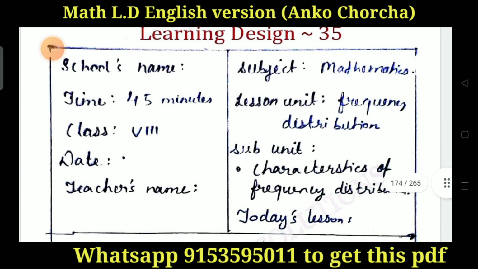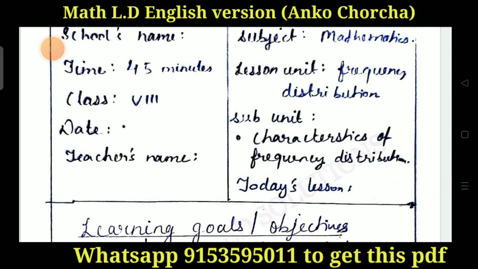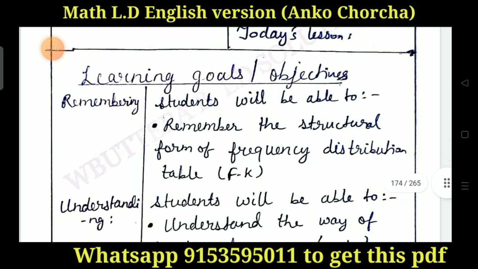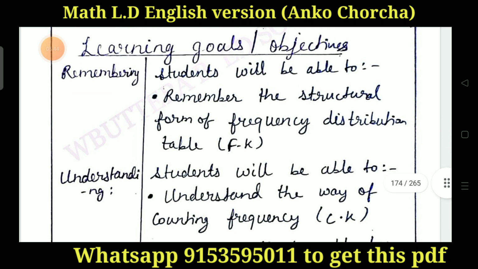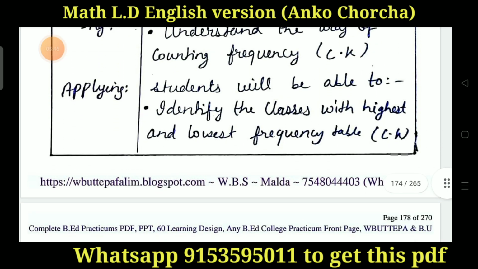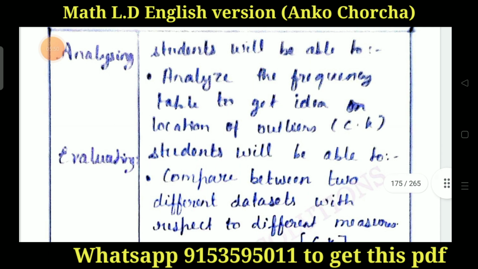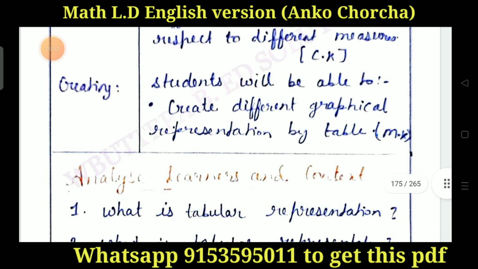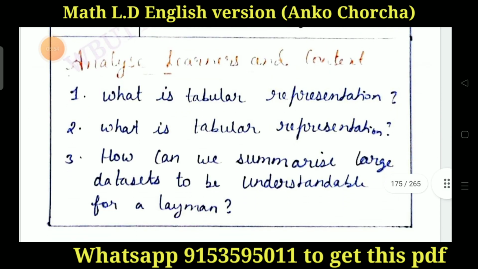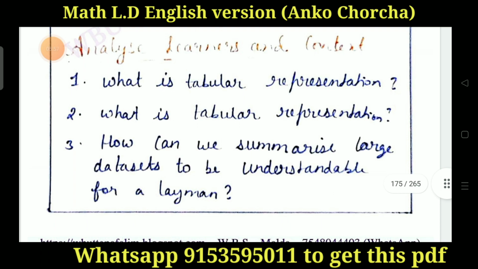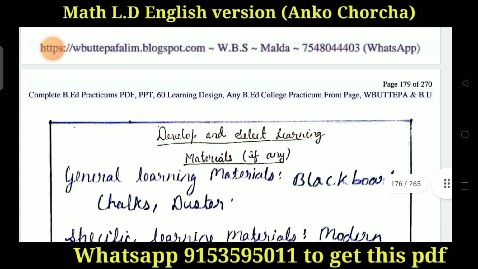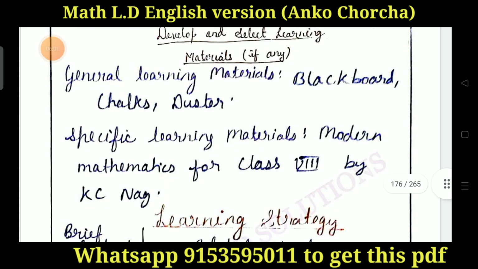Learning design 35. Today's lesson, characteristics of frequency distribution. Learning goals or objectives: remembering, understanding, applying, analyzing, evaluating, creating. Analyzing learner and context: what is a tabular representation, and some other questions. Develop and select learning material: there are two types, general and specific.